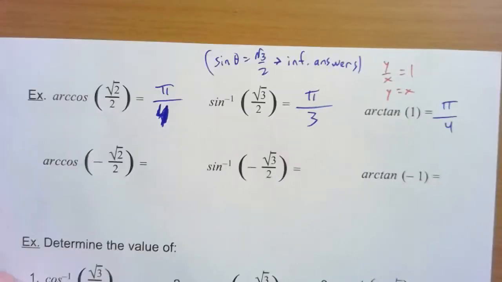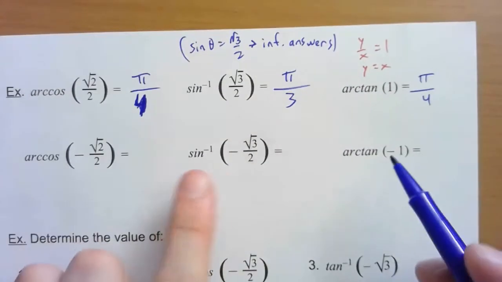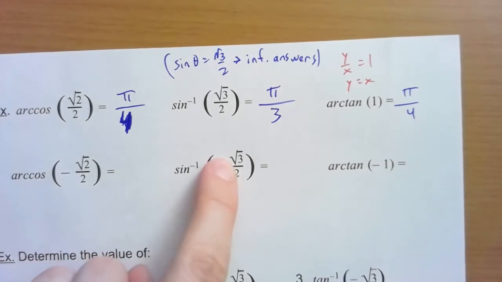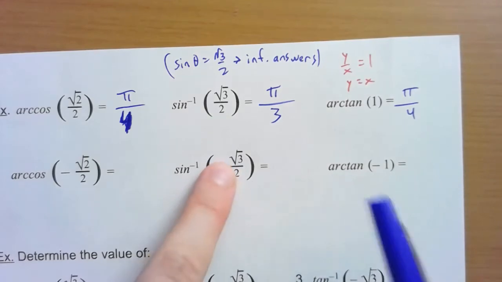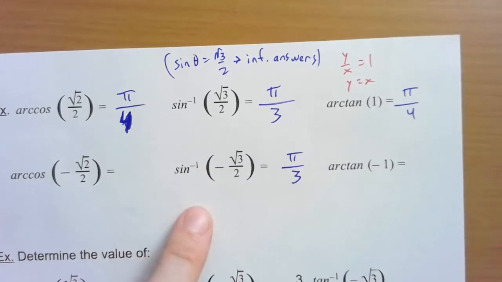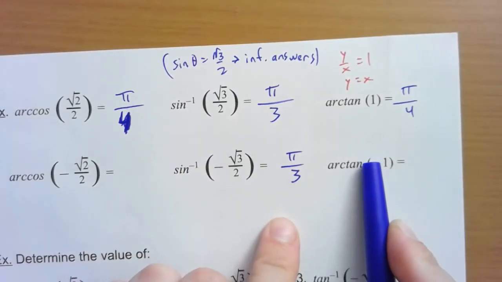Well, what about for the negatives? For inverse sine and inverse tangent, it's going to be pretty easy as well. We still think about inverse sine of root 3 over 2. When is the y coordinate root 3 over 2? It's got to be some sort of pi over 3 angle. And then the question is, which one? Just like over here, we know arctan of 1 is pi over 4.